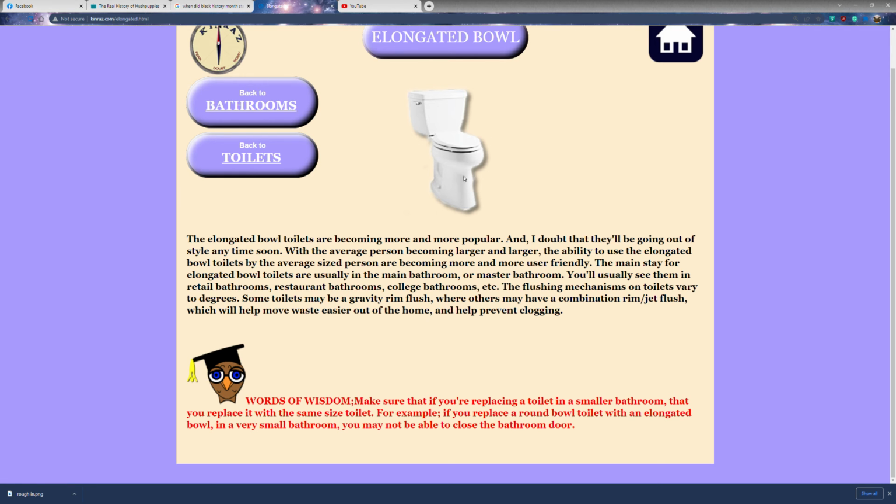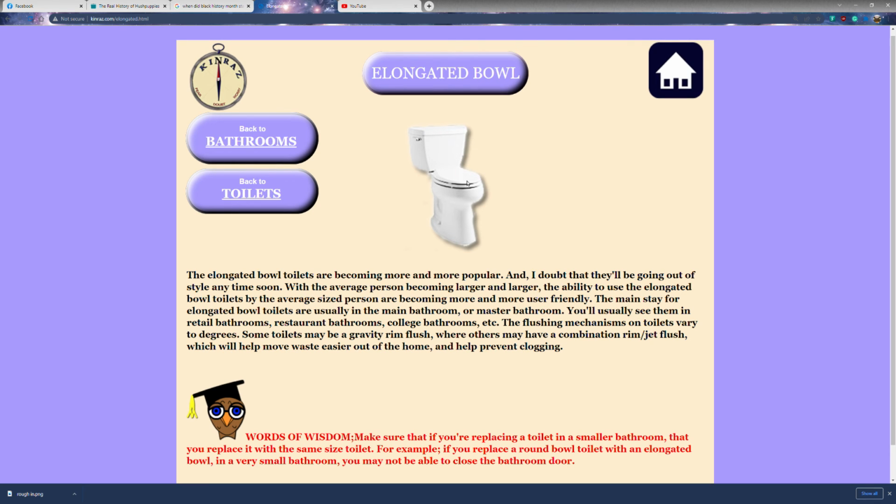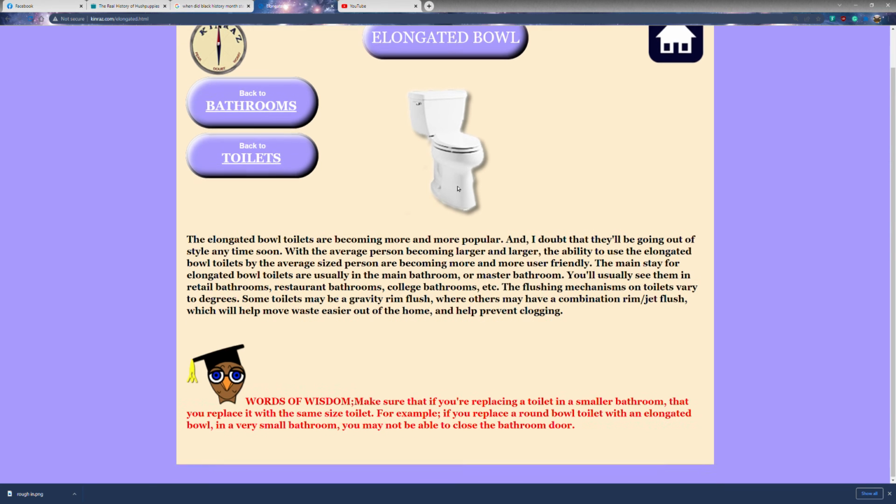So you want to make sure that you measure. Measure twice and put in the toilet once, is what I say, because you don't want to have to do it again.